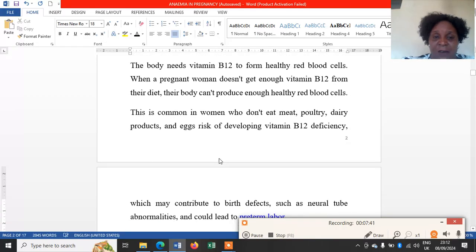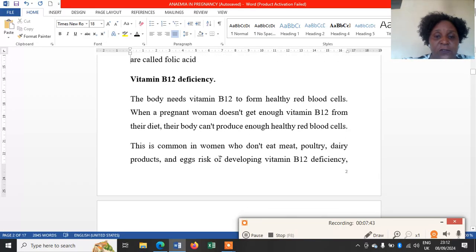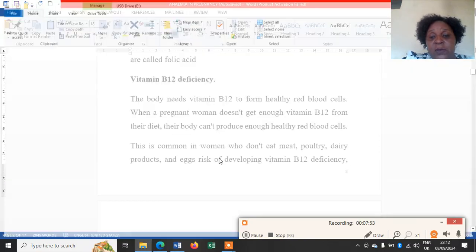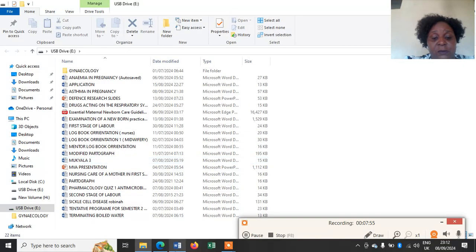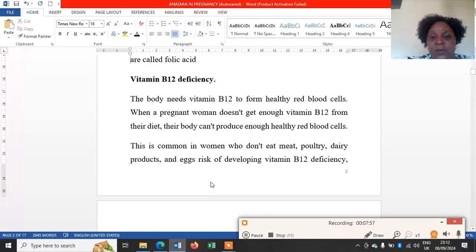Then we have vitamin B12 deficiency as another common type of anemia in pregnancy, whereby the body needs vitamin B12 to form healthy red blood cells, and when the pregnant mother does not get enough vitamin B12 from their diet, their body can't produce red blood cells.